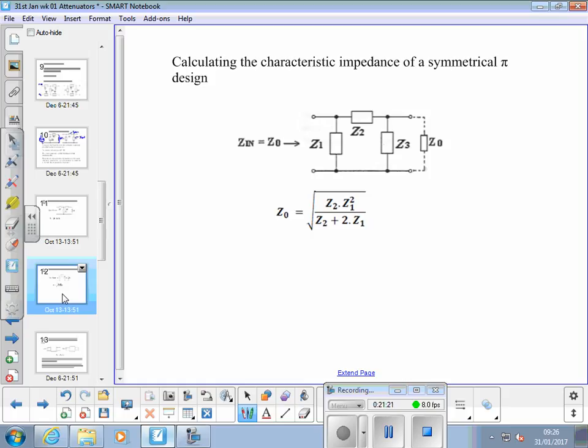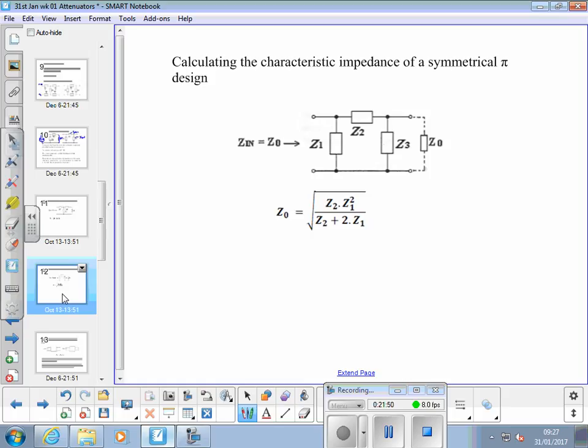If you've got the manual formulae, pi designs are always more complicated. They're always more complex. So in some ways, that might be why you choose, if you haven't got an online calculator, to do a T-type design.